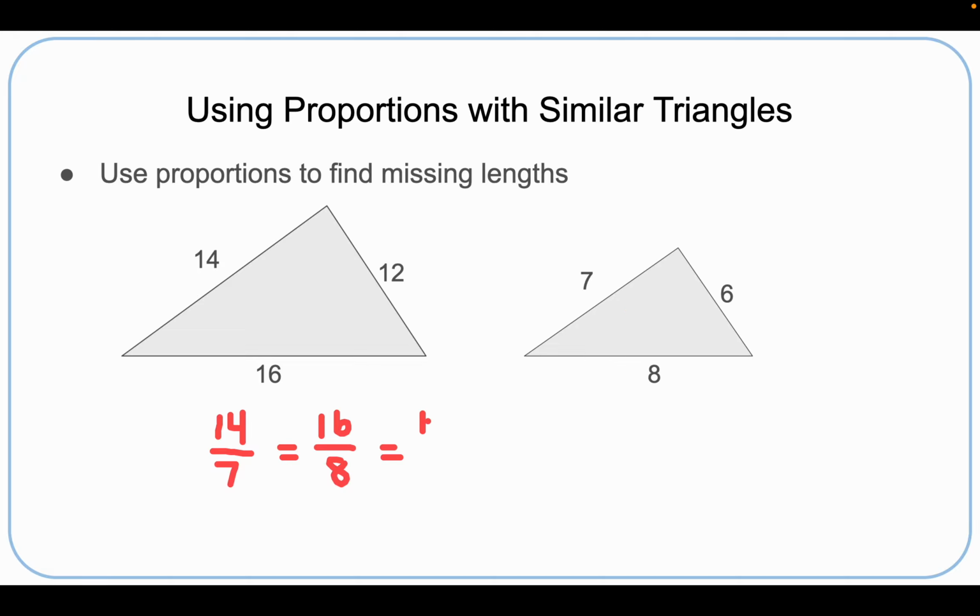And if you reduced each of these fractions, you would notice that they all reduce to 2. So the sides are in the same proportion to each other when you have similar triangles. So we can use our knowledge of proportions to find missing lengths of a triangle if we have missing lengths.